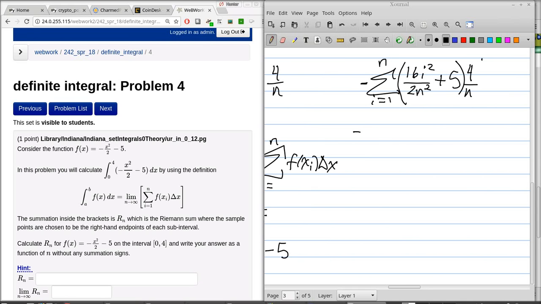So this is equal to, let's start taking it apart. One thing I could do is just take that 4 over n outside immediately. And I can also split the sum into one part that has 16i squared over 2n squared, and another part that is just 5, 5, 5, 5, 5. And the counter for both of these goes from 1 up to n.